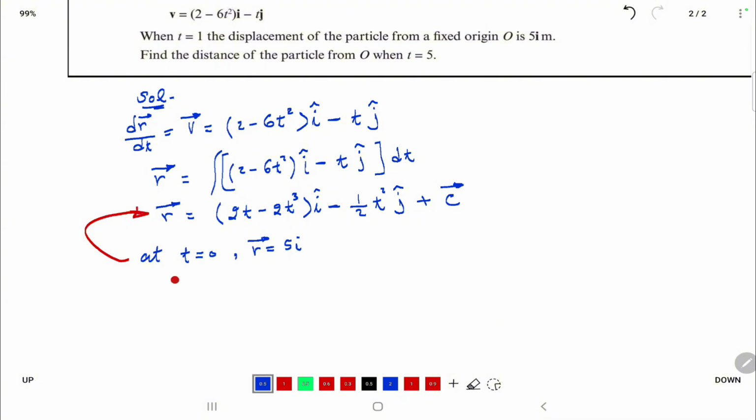I'll get 5i equals 2 multiplied by 1 minus 2 multiplied by 1 cubed, minus half t squared j, which is 1 squared, plus c.